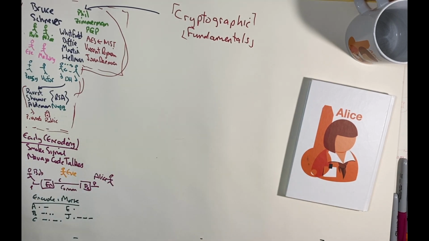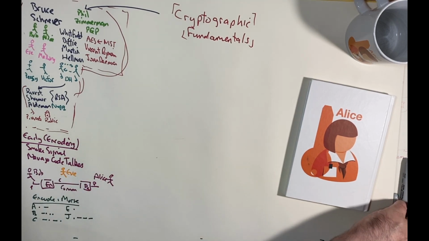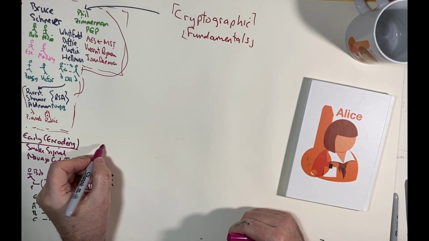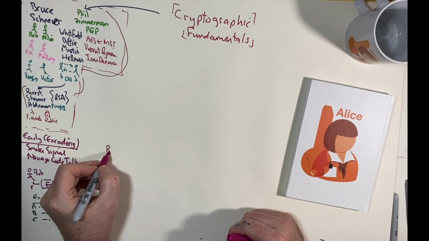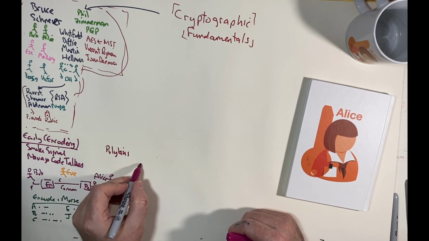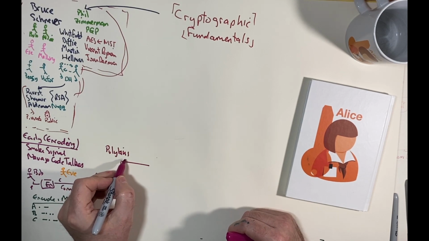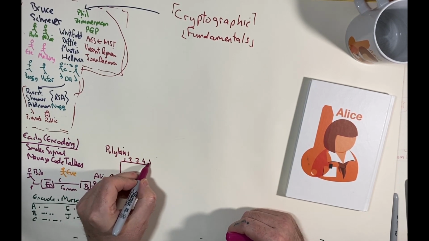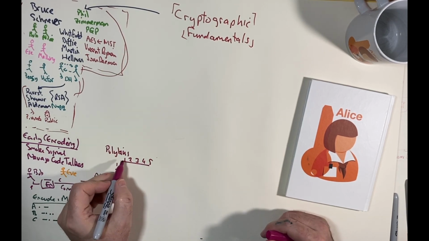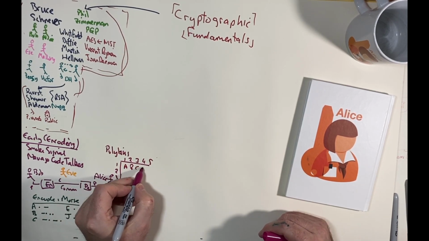Another method that was used, and obviously isn't that secure, is the Polybius square. With this we create a grid, 1, 2, 3, 4, 5, 1, 2, 3, 4, 5, and we can map our letters onto that.